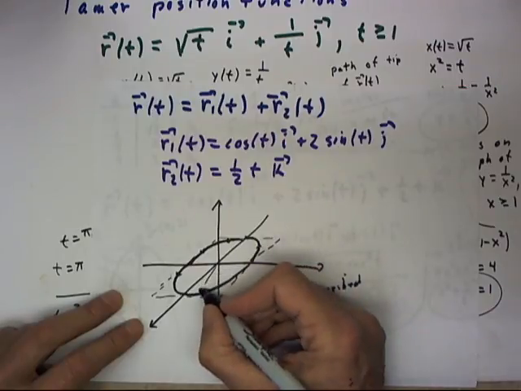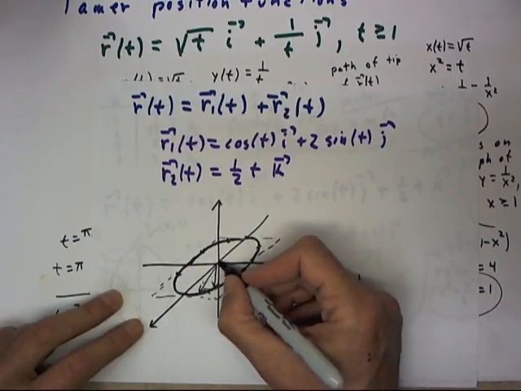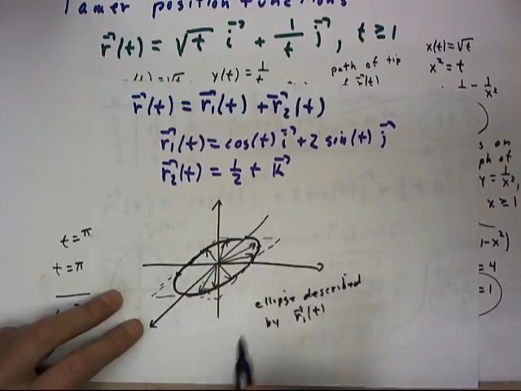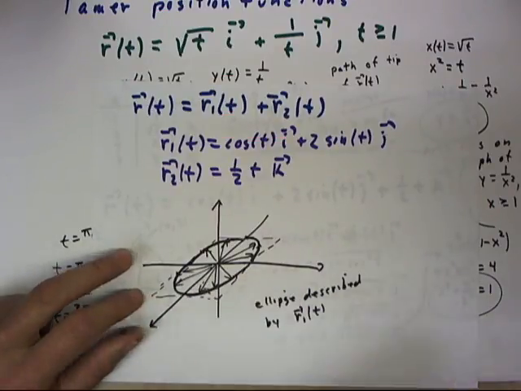So we think of a series of vectors moving around this ellipse. Well, we might as well complete the picture and draw a couple more.